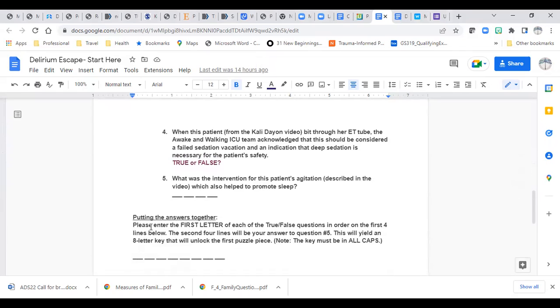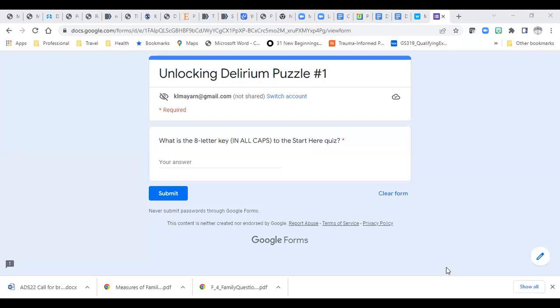Now it says here that I need to put all of the answers together to make an 8-letter key. And this will be my passcode to open the first puzzle piece. So we can see what that looks like now. Okay, so I've clicked on the puzzle piece, the first one, and I get to this locked form.